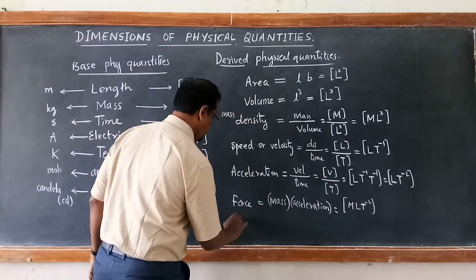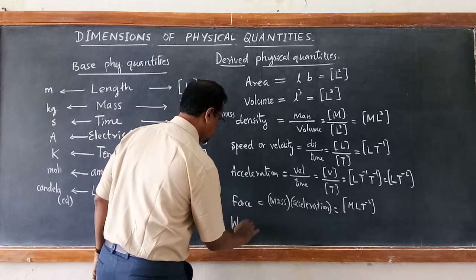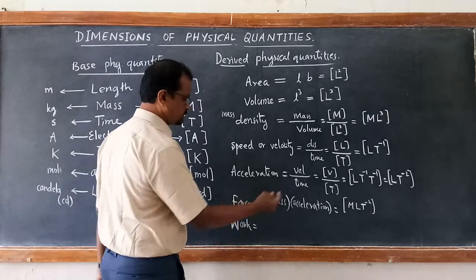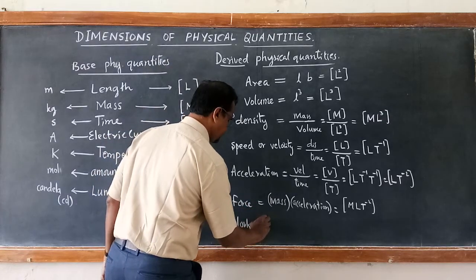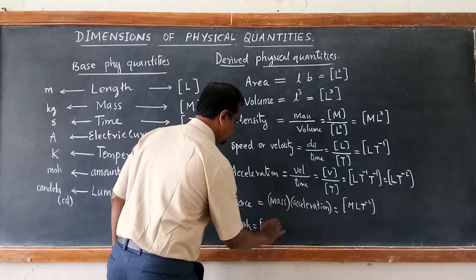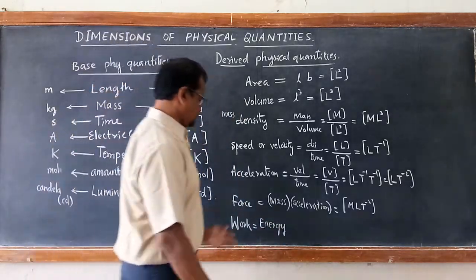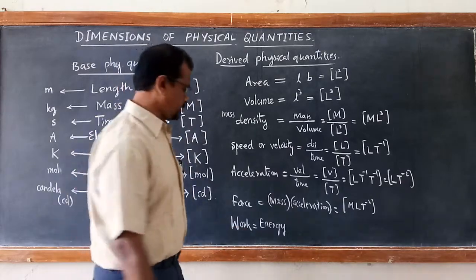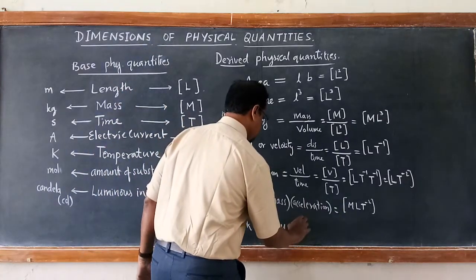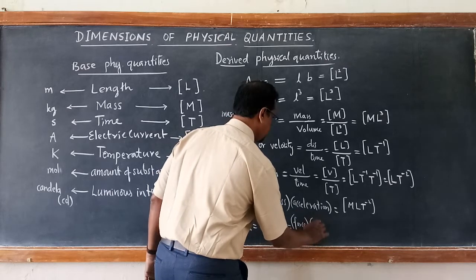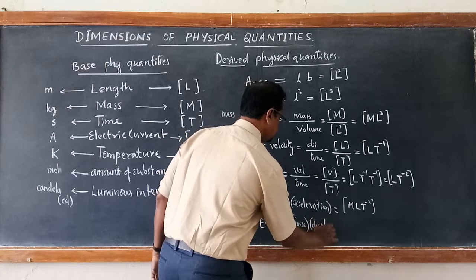Now, for example, work done. Work done has the dimension of force into displacement, and energy also has the same dimension. Ability of doing work is called energy. So this can be expressed as the dimension of force multiplied by the dimension of displacement.